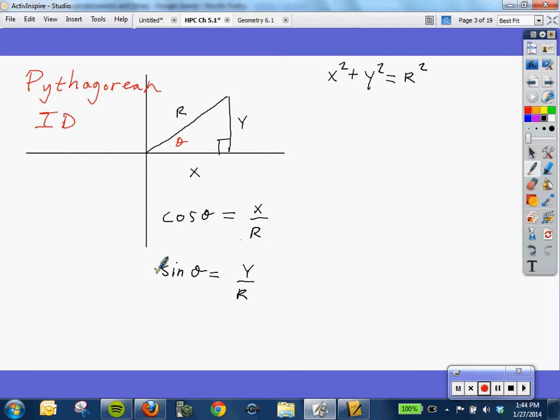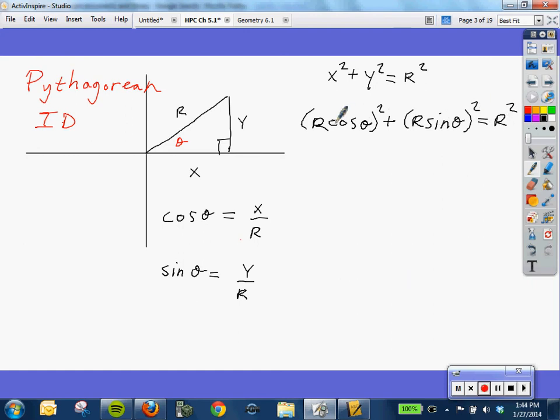So I'm going to make those substitutions into the Pythagorean identity here. Okay, so we have r times cosine squared plus r times sine squared is equal to r squared.